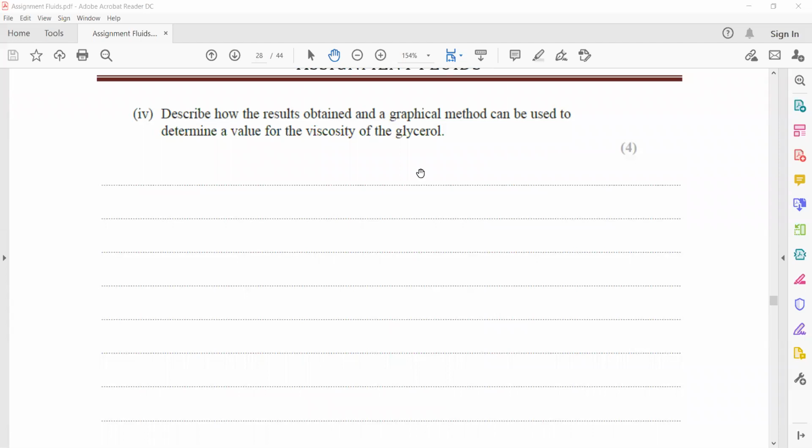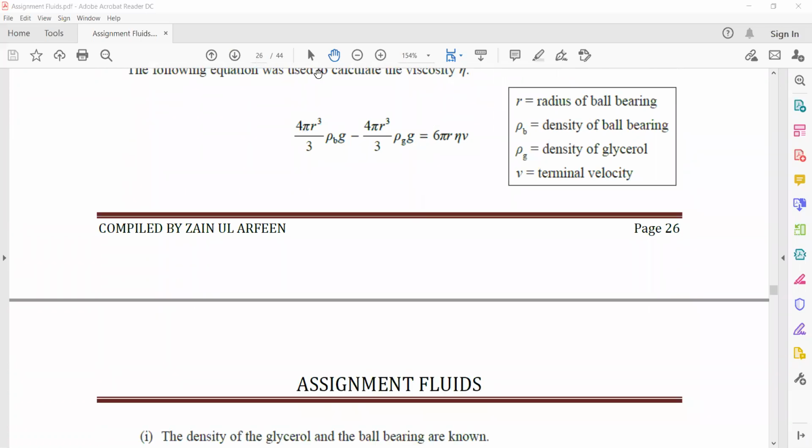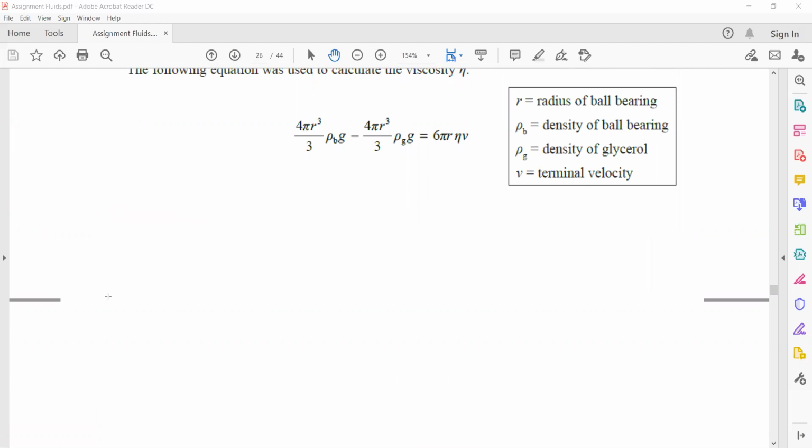So as you see the first part in the beginning of the question, they provide this equation. So how can I use this equation to know what will be the gradient of the graph? If I simplify this equation, 4 pi and r cube and g are constant and 3 is also constant.